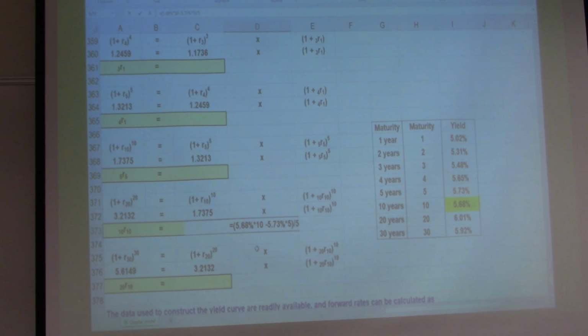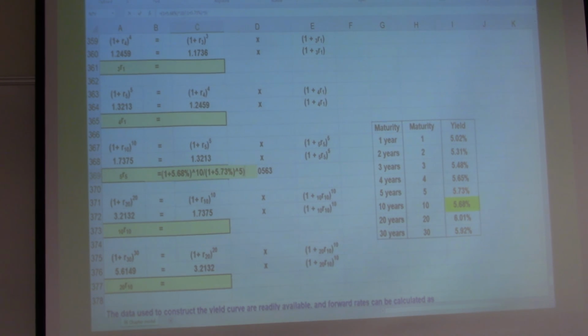But mathematically, oh no, I was wrong. It should be this one. Yeah, this one. To do it mathematically, it should be 1 plus 5.68% with the power of 10, over 1 plus 5.73% with the power of 5.